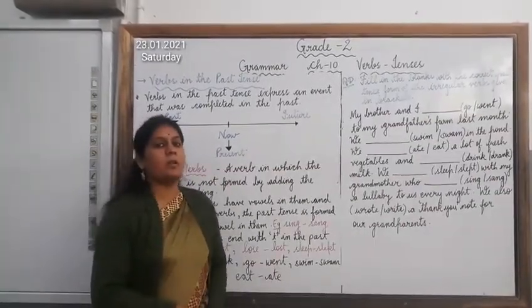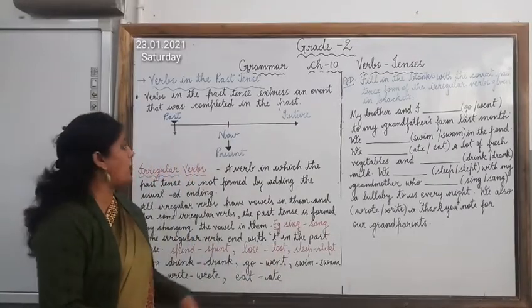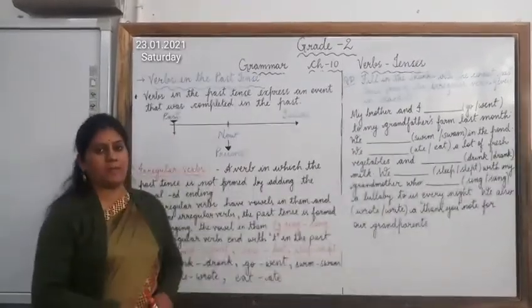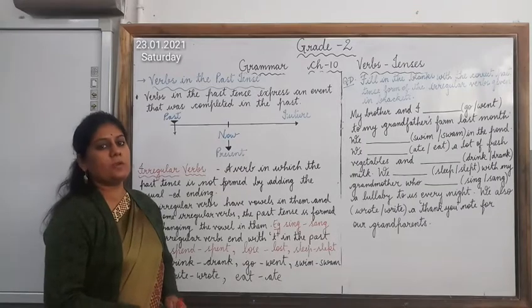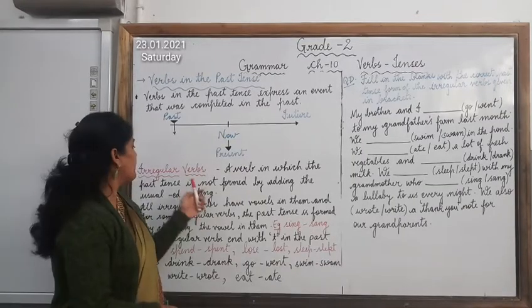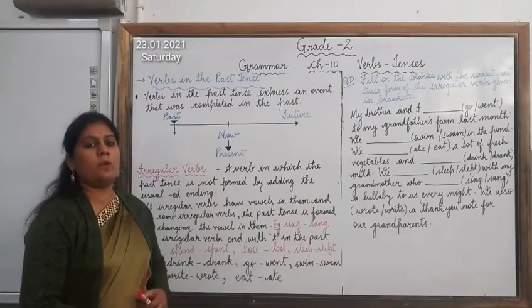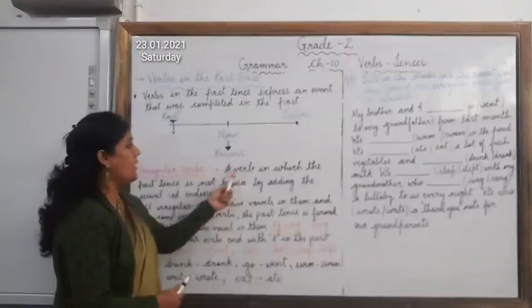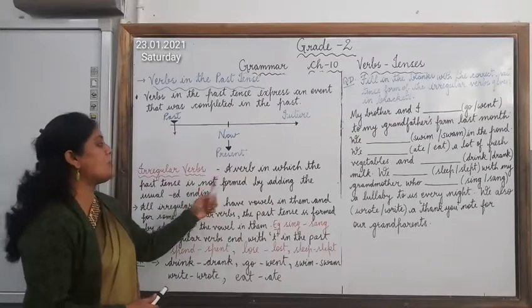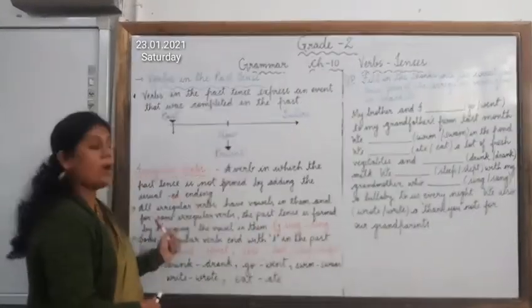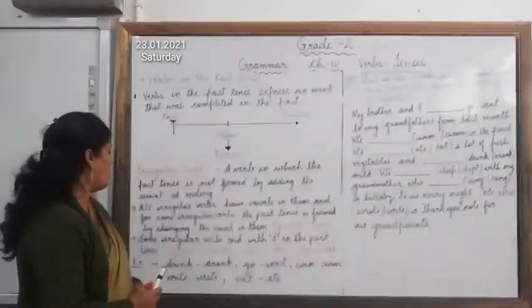Now in this video I am going to explain you about the irregular verbs which are used in the past tense. First of all, let me explain you what are irregular verbs. A verb in which the past tense is not formed by adding the d or ed at the end.